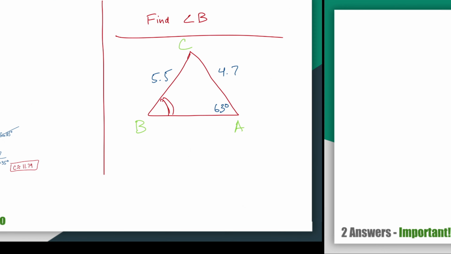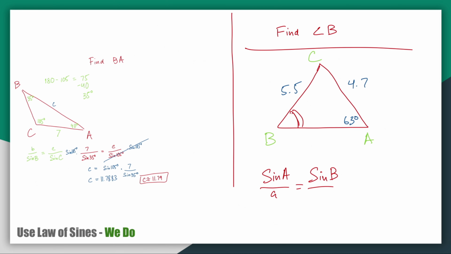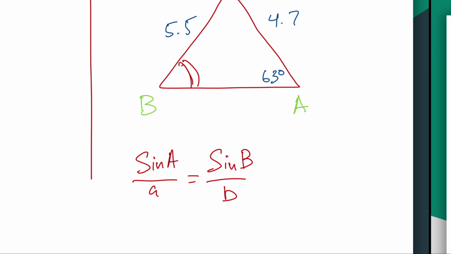Okay. So we see that we're given all of A, so we know we're going to need that one in the problem. For me, I'm going to use sine on top, just purely because I want to. So I'm going to go sine of A divided by little a is equal to sine of B divided by little b, because remember, they're interchangeable.